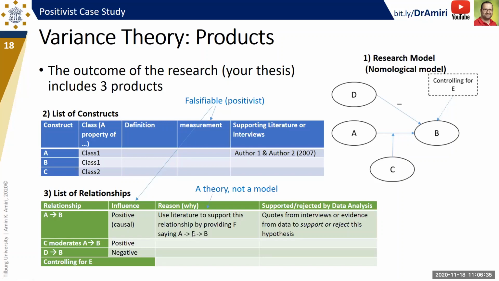I see that many students just say that, okay, that paper said that A will positively influence B. We don't care, that's not a theory. You need to go to that paper, read it, and then figure out what F is suggested in that paper, and then quote it in your thesis. So keep that in mind. These different Fs that you need to provide for different relationships are quite important.